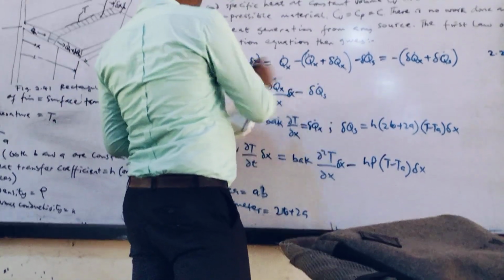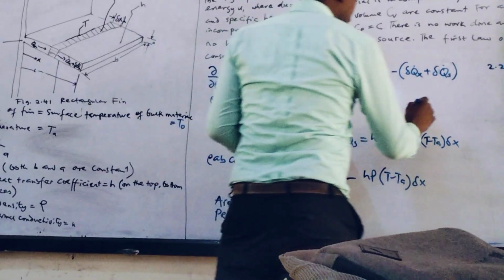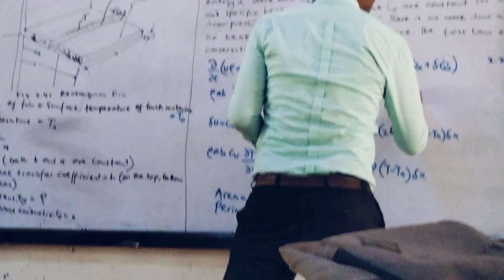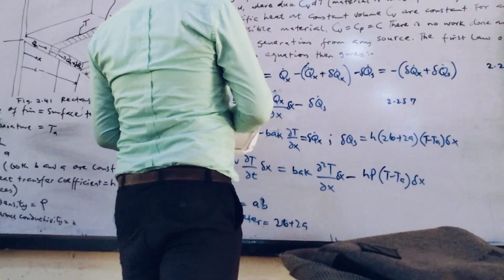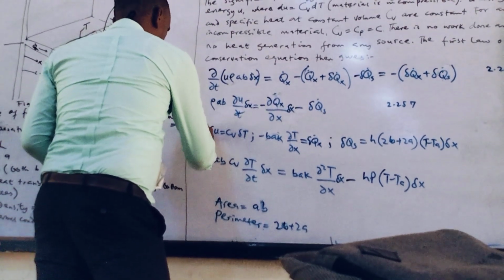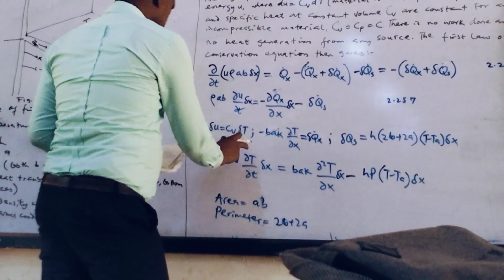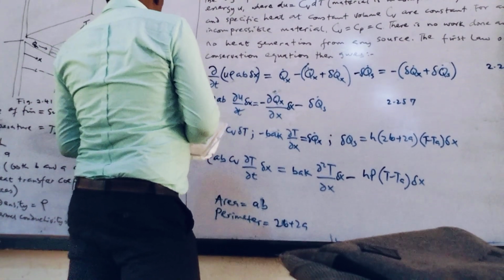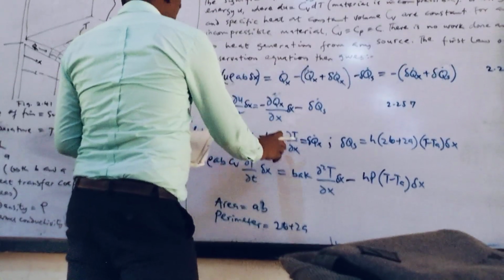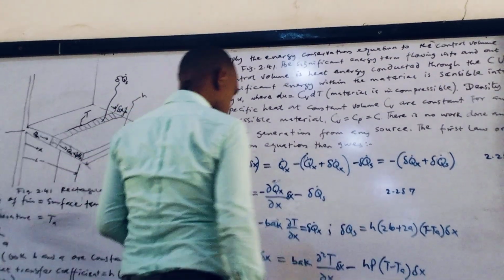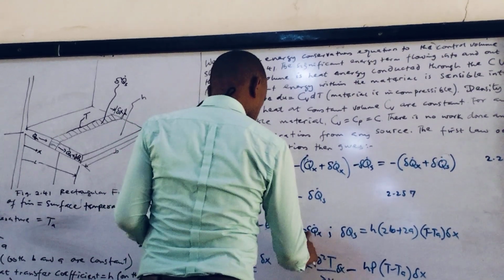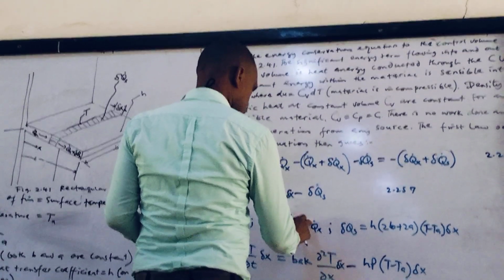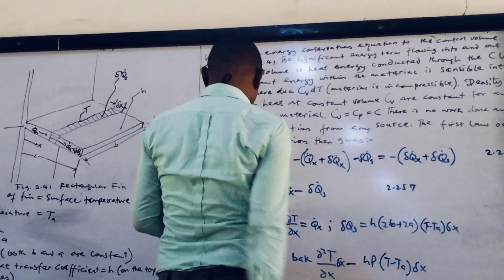And this, we now have 2.257. And because this is equal to this, and the minus hAk is equal to this. That's equal to that, and this is equal to that.